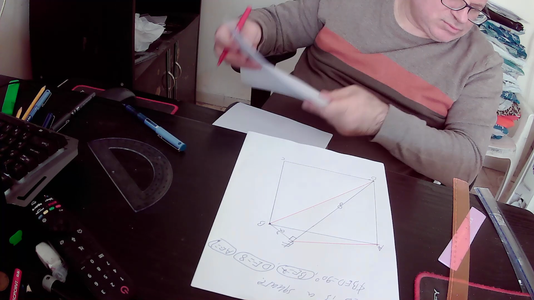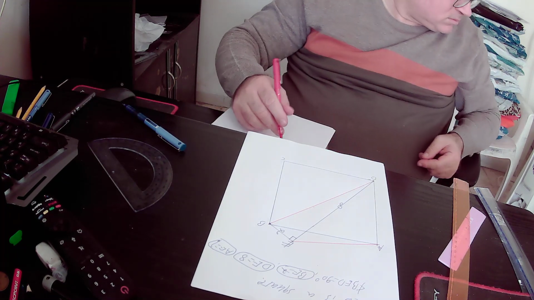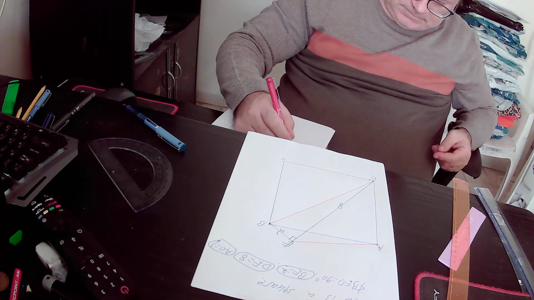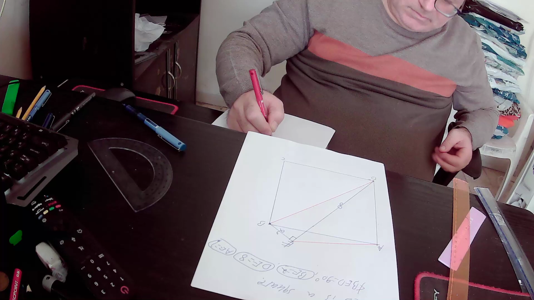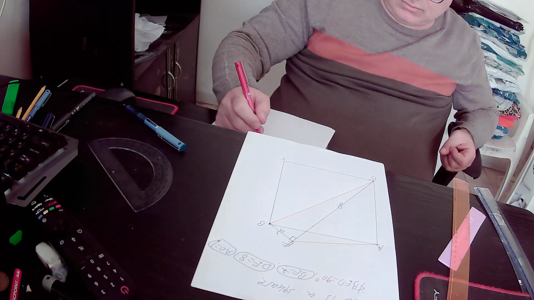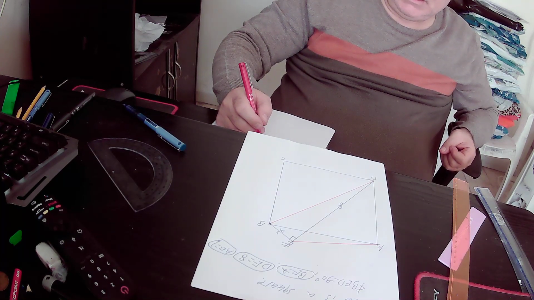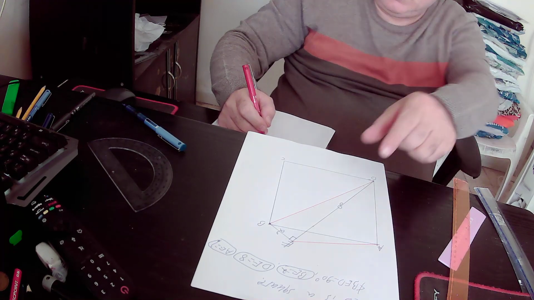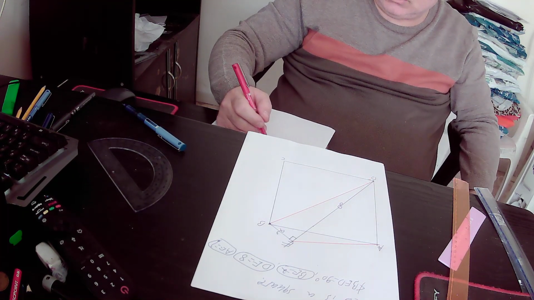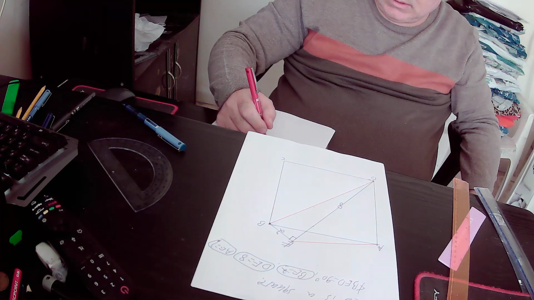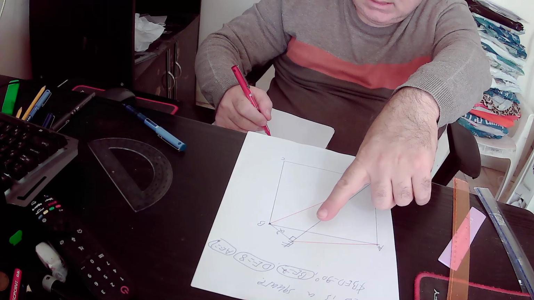So BD squared equals BE squared. EB equals 2 units, so EB squared is 2 squared, which is 4, plus DE squared.